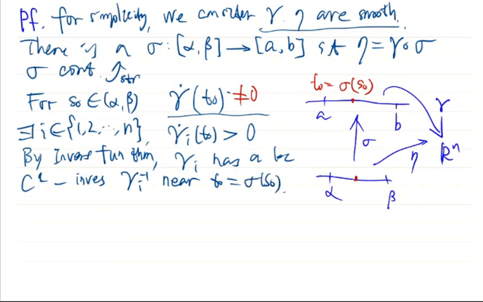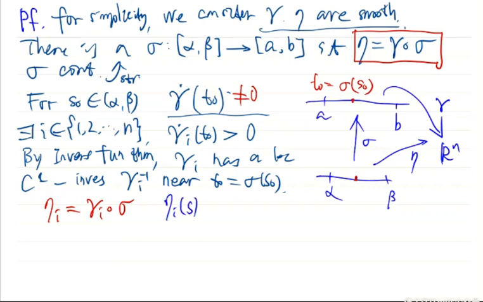Now we apply the composition. Eta is the composition of gamma and sigma, so we get eta_i is gamma_i composed with sigma. We can also write eta_i of s is gamma_i of sigma of s.